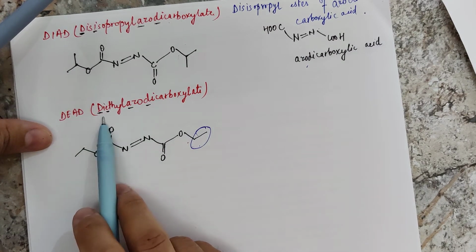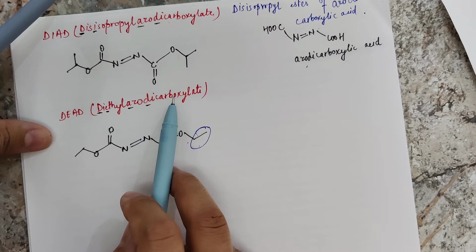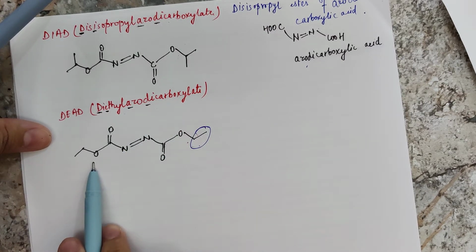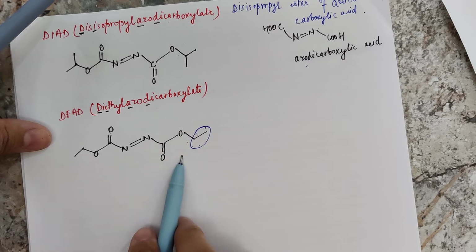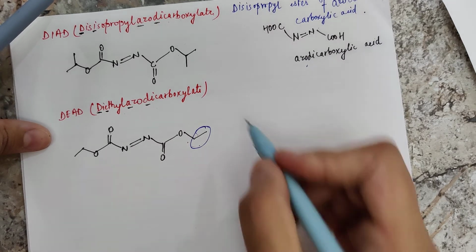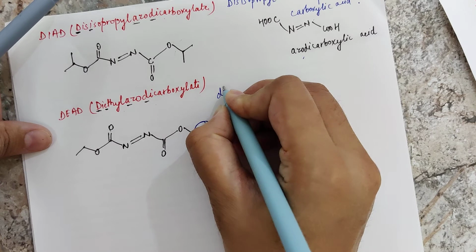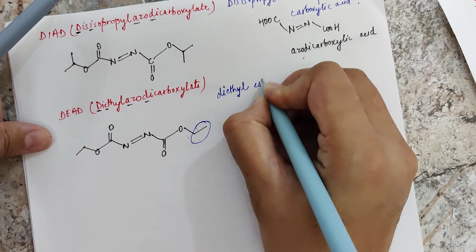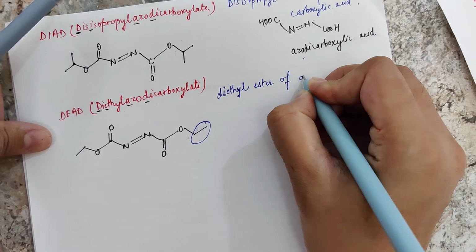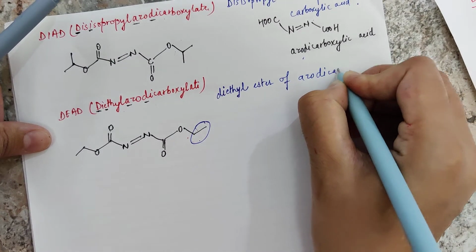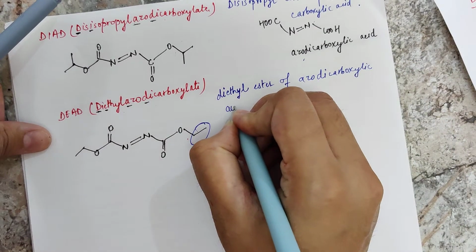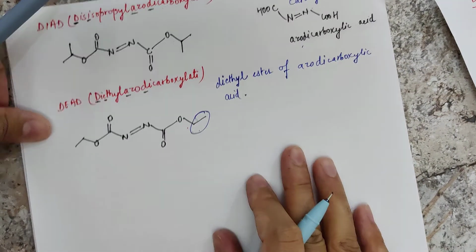Remaining things are similar: diethyl azodicarboxylate. So basically this is diethyl ester of azodicarboxylic acid.